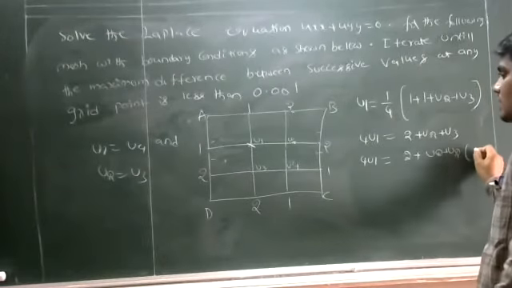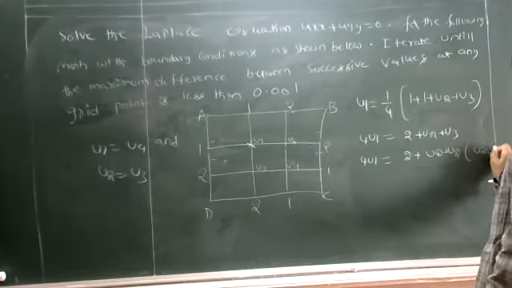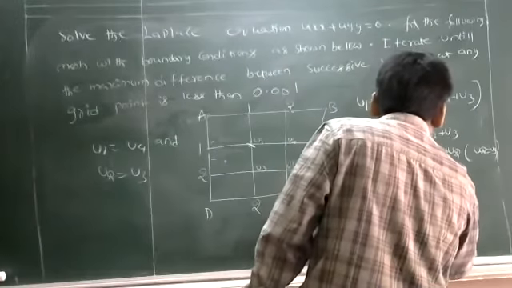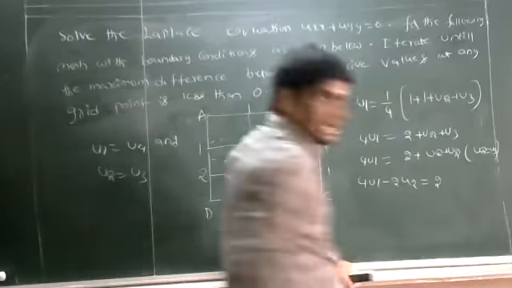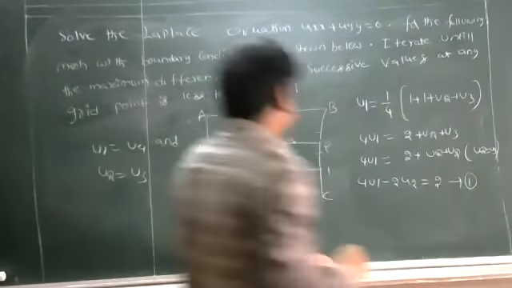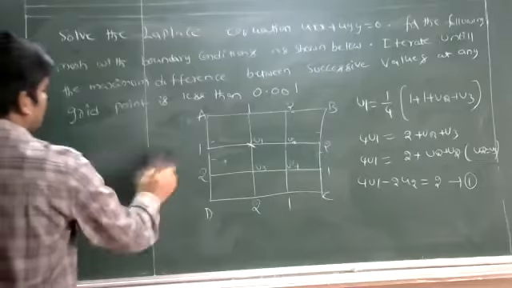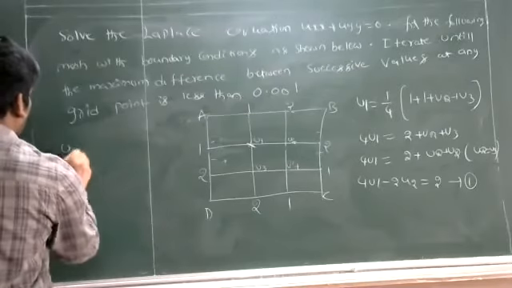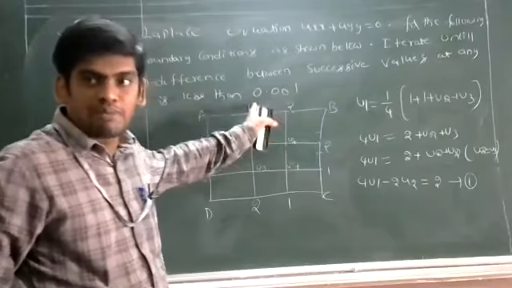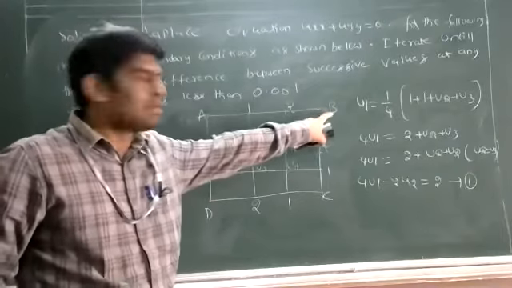So see, u2 is equal to u2, u3 is equal to u3. Since u2 is equal to u3, right, it becomes 4u1 minus 2u2 is equal to 2. Yes, so this is equation number 1. Similarly, coming to u2, suppose if we apply the diagonal 5-point formula, then what happens?